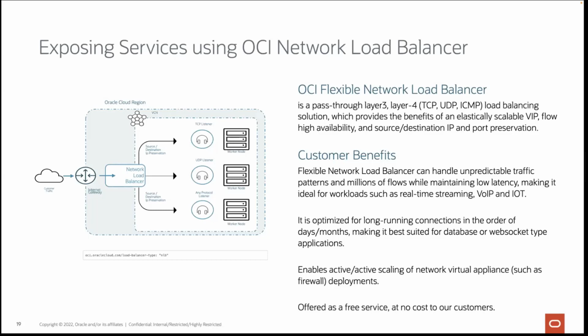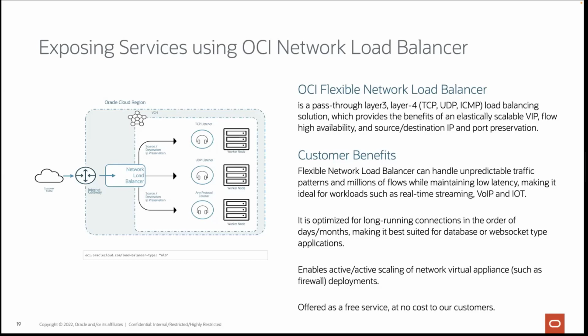And it also gives you an option to preserve the source and the destination IP address along with the port address. So you have an option to preserve your client IP coming all the way from the internet and going all the way to your application sitting on the OKE worker node.